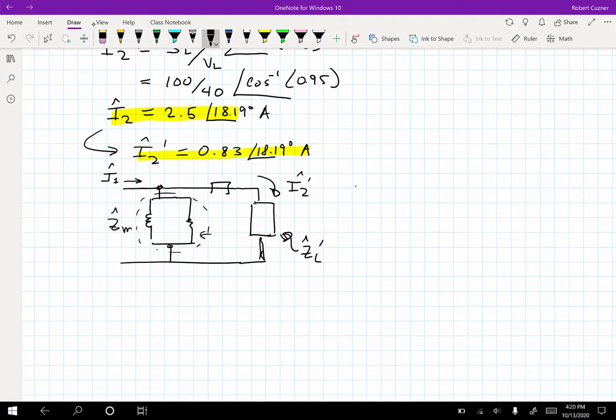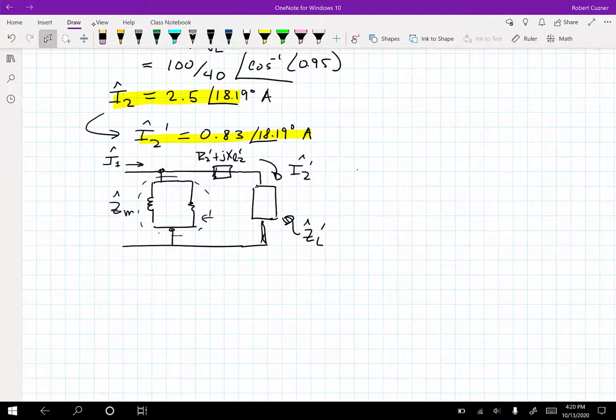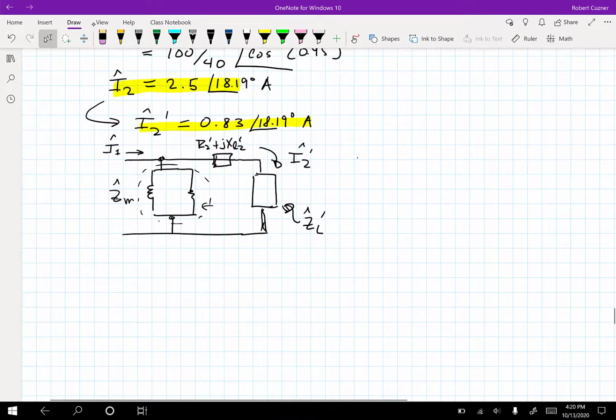There's one thing here too that we cannot forget. We have an impedance in series with the Z load, which is associated with the transformer. That would be the R2 prime plus jXL2 prime. So we can do a current divider to find I1.